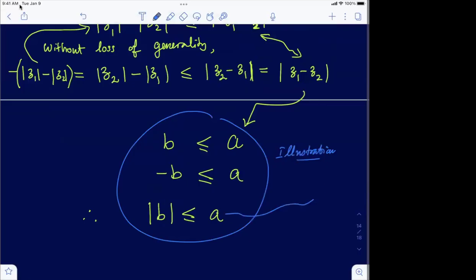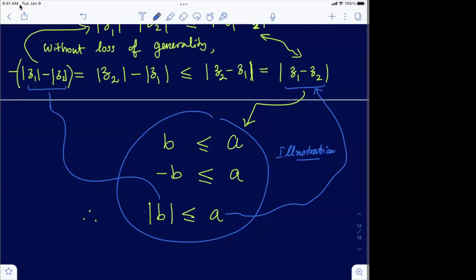But the role of this A is none other than this, the absolute value of Z1 minus Z2. And then the role of variable B is none other than exactly the role of this quantity that you're considering without the sign.